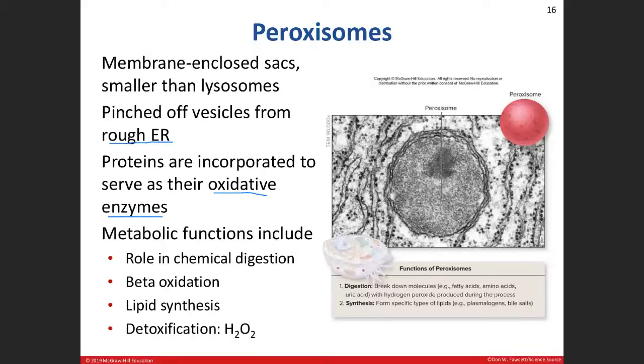It plays a huge role in the process of beta oxidation, and beta oxidation is a chemical process in how we can create energy in the body. Also, we'll talk about it more, not this semester, about lipid synthesis, the making of fats inside the cell.